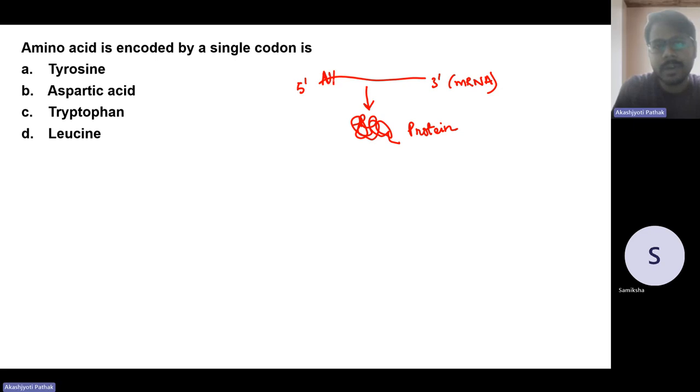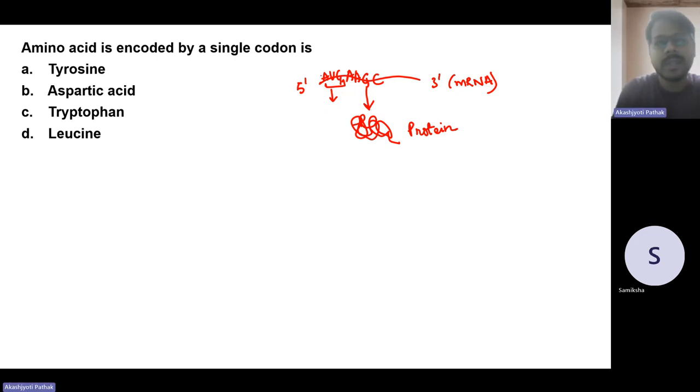There will be a start codon, AUG, and then there will be subsequent nucleotides. These will be read in triplets, and three nitrogenous bases will code for a particular amino acid.